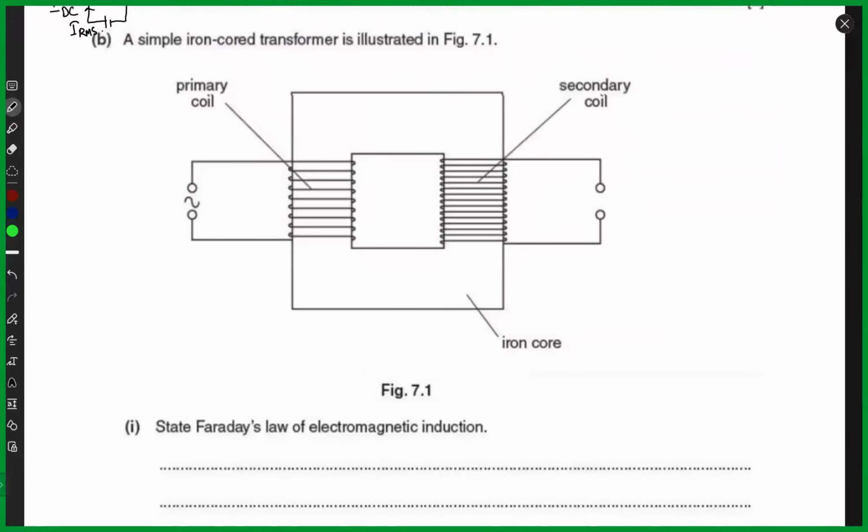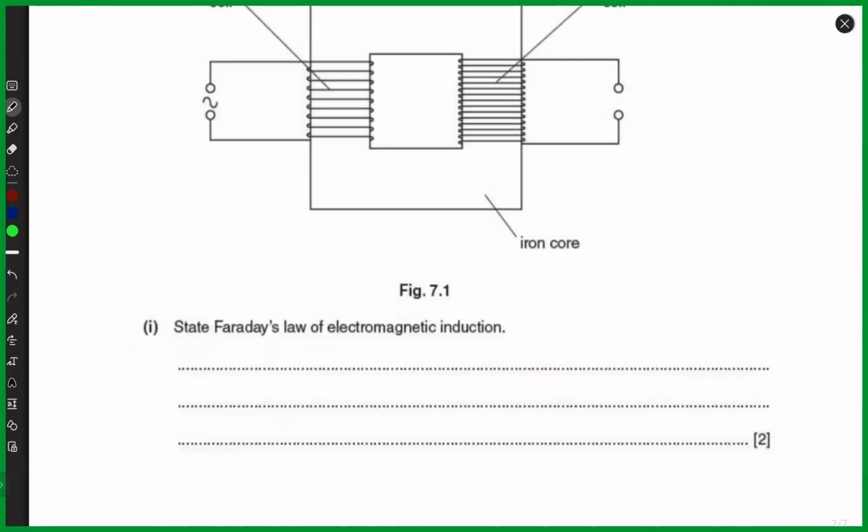We can skip this question, but we'll do these parts where we state Faraday's law of electromagnetic induction. So what is Faraday's law of electromagnetic induction?